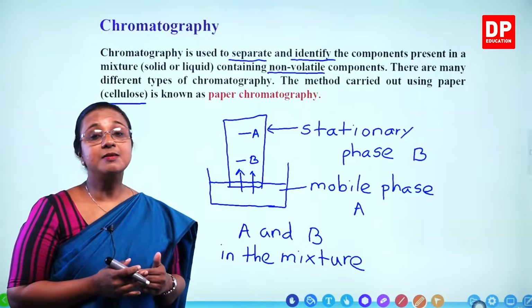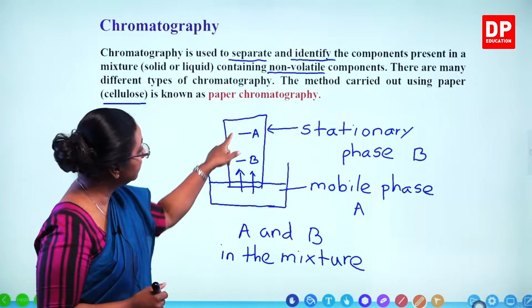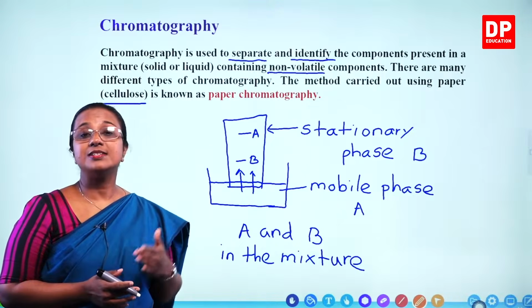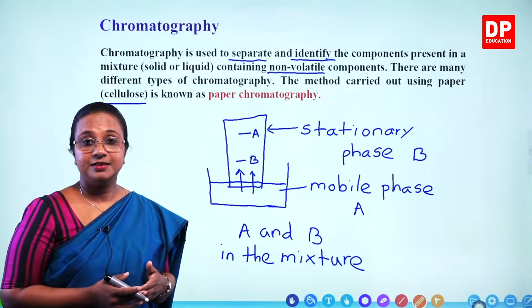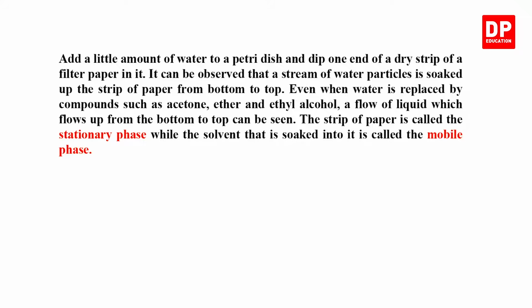And there are different methods that are used to identify these two components once they are separated. With that, we will look at the procedure. Add a little amount of water to a petri dish and dip one end of a dry strip of filter paper in it.